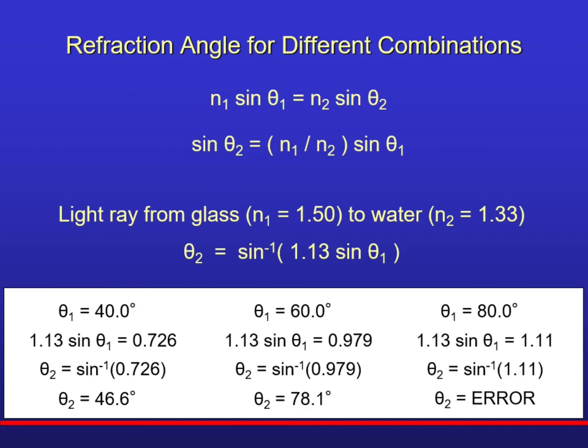You cannot have an angle that gives you a sine greater than 1. Therefore, if you try to do sine inverse of a number greater than 1, you'll get an error. Which means that somewhere between 60 degrees and 80 degrees, theta 1 hit the critical angle.